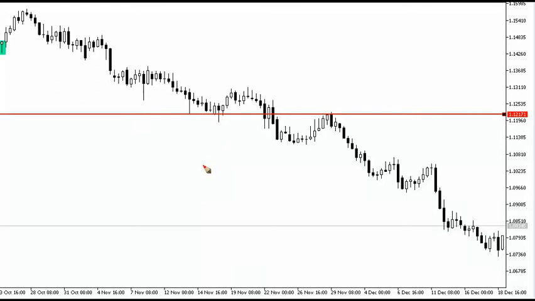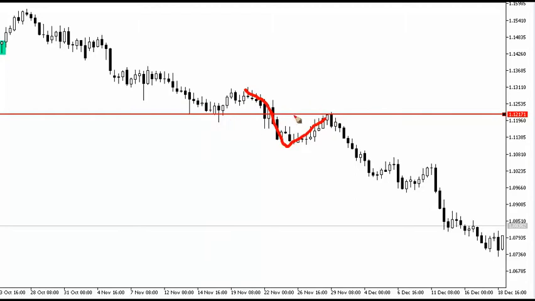Now what I'm doing is waiting to see if I can get this level to be broken, and then looking for a retest. I'll just quickly draw. As you can see, price pushes down, breaks through that level, and then retraces, pulls back to this level.